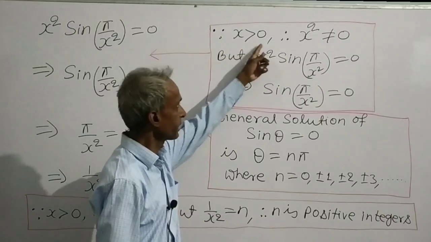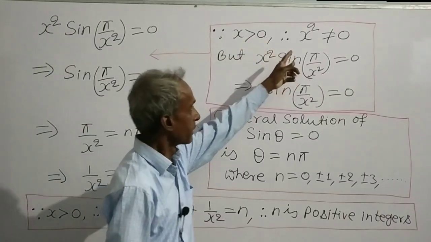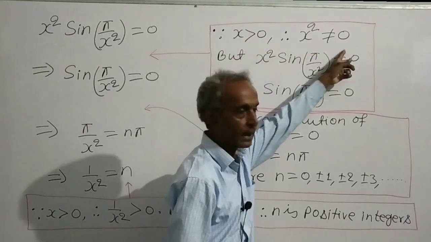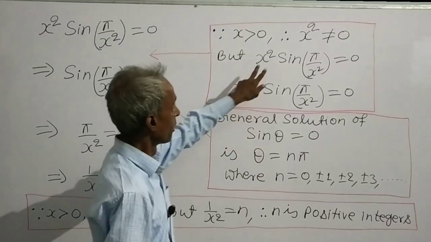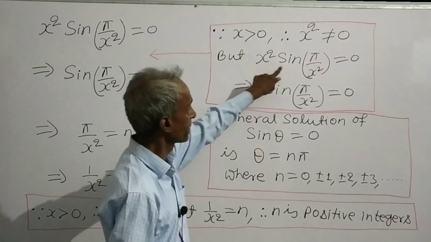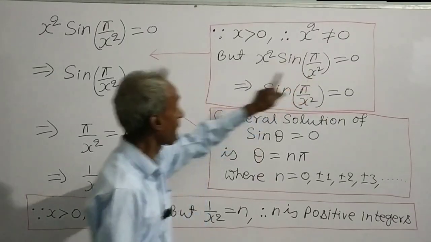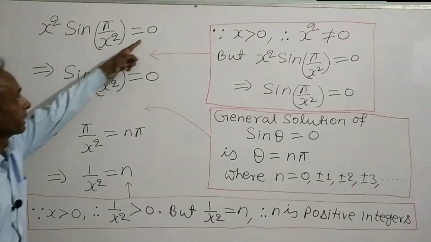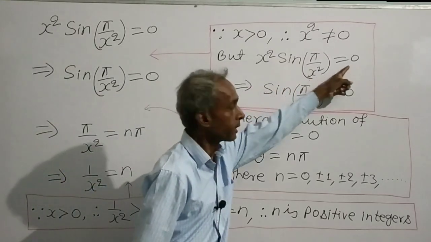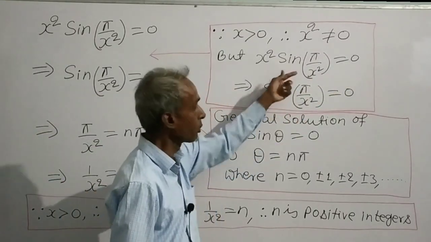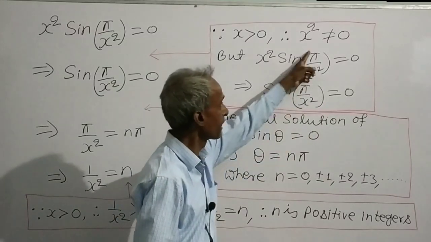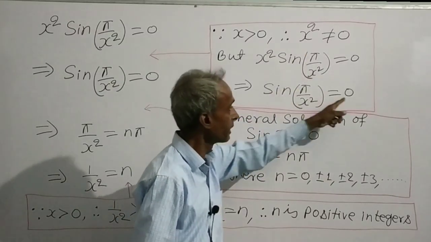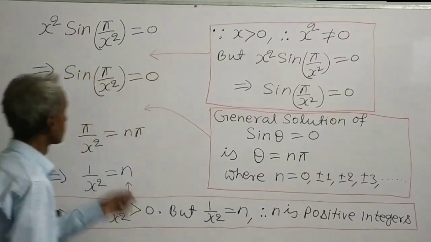Since x is positive, x square cannot be equal to 0. But the product of x square and sin(pi by x square) is equal to 0. This can be possible only if sin(pi by x square) is equal to 0.